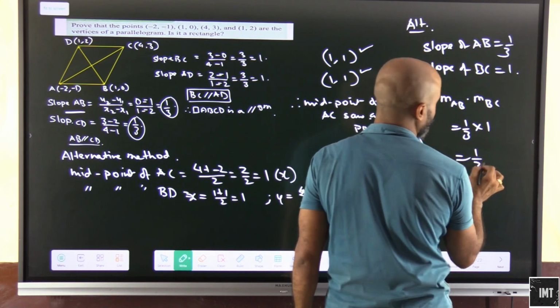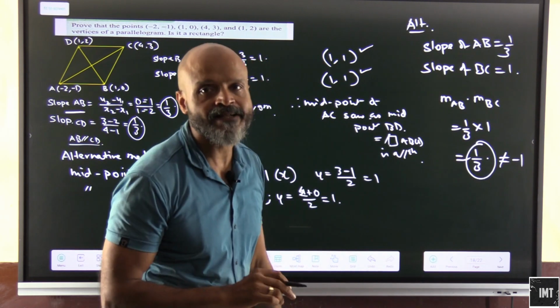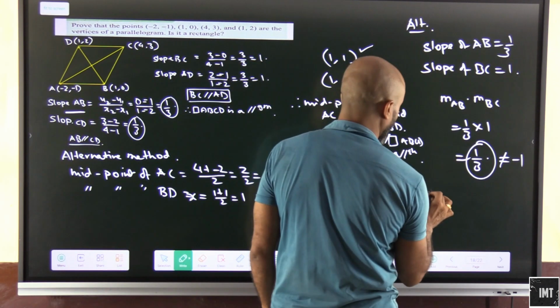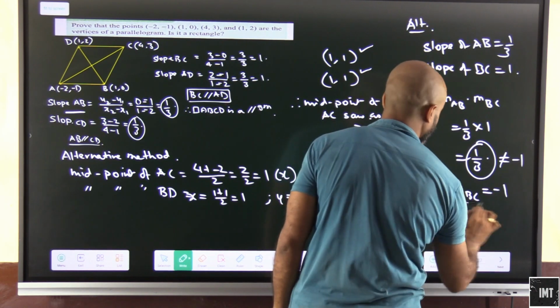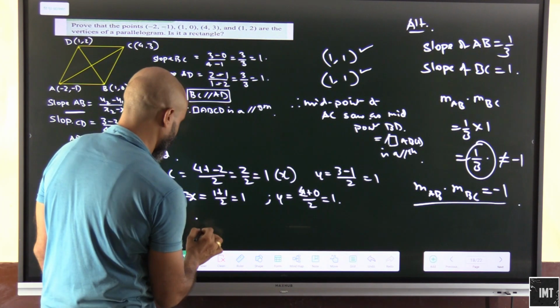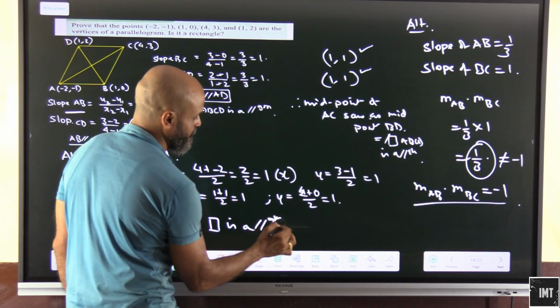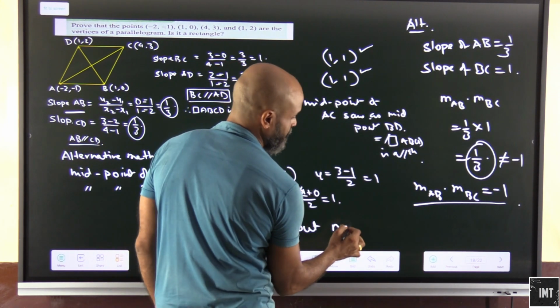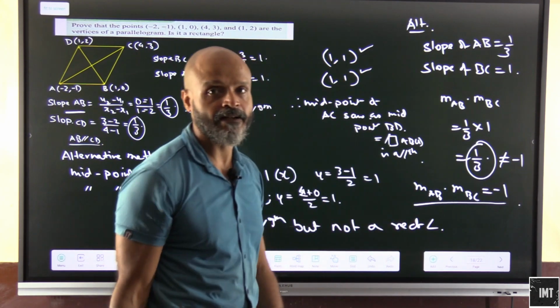So that gives us 1 by 3, which is not equal to minus 1, because if the lines are perpendicular, then slope of AB into slope of BC would have been equal to minus 1. In that case it would have been a 90-degree angle, but this is not the case. So we can say therefore quadrilateral is a parallelogram, but not a rectangle. But this is not definitely a rectangle.